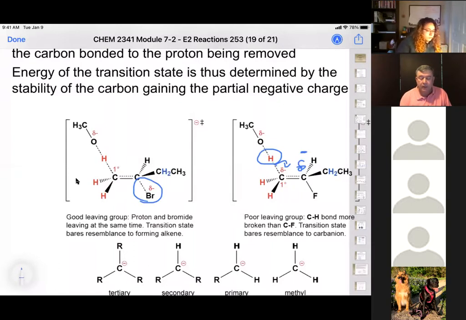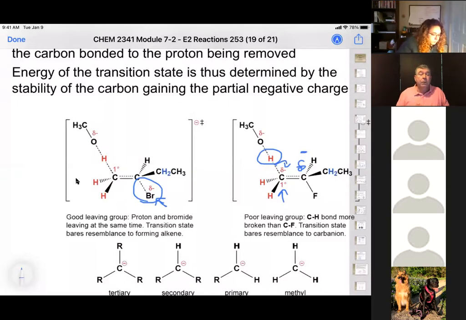It has a weaker bond, and we're actually forming our negative charge on the bromine, not on a carbon right here. So when we do this with fluorine, we're forming a little bit of negative charge on a carbon. We've talked about carbocations already, and that was that tertiary carbocations are more stable.